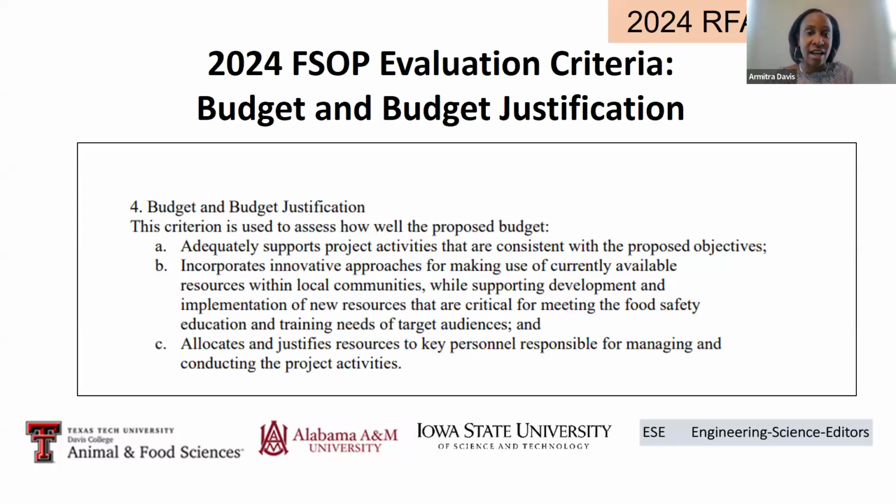The criteria that are used, you can see them listed there, A, B, and C. But the first one that we've emphasized a lot so far is that the budget and budget justification adequately supports project activities that are consistent with the proposed objectives. Very, very important. And you can see the other two listed there.